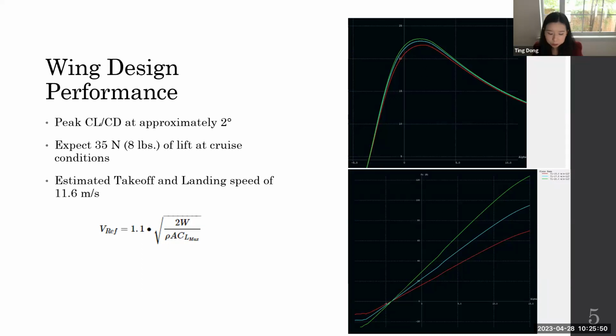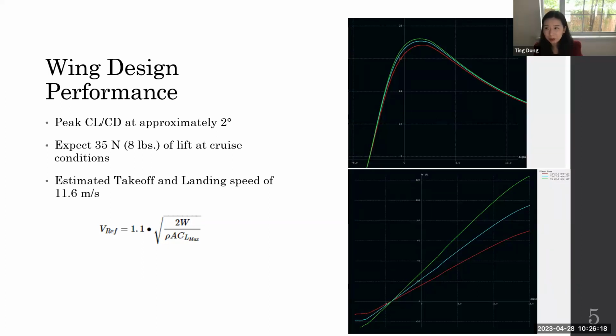If you don't want to put it at the very beginning at page 2, at least in your wing design, put at the very beginning what the target is, and then talk about why you design your wing in a certain way, and then say, okay, this is our design result. Is it enough or not? Does it satisfy the initial estimation or requirement? I think this is a clearer logic for a presentation.